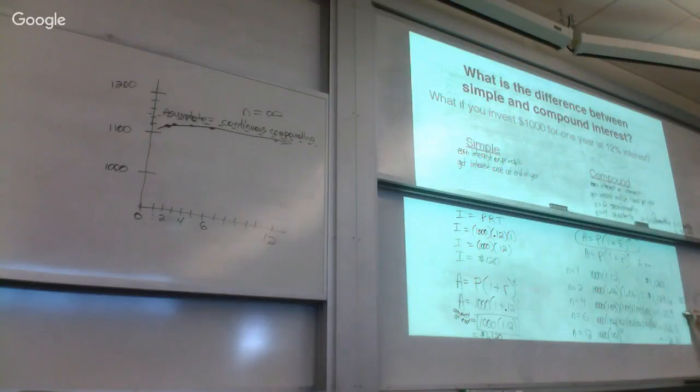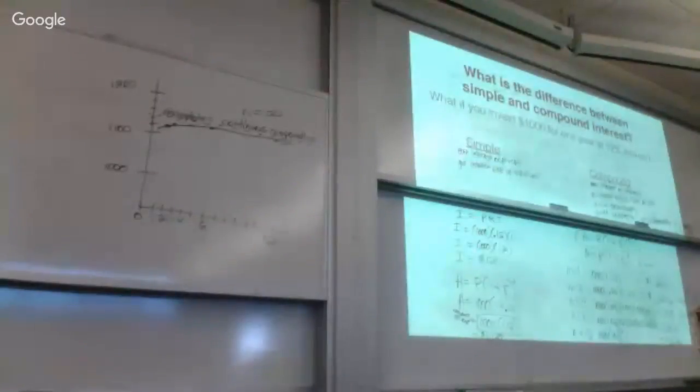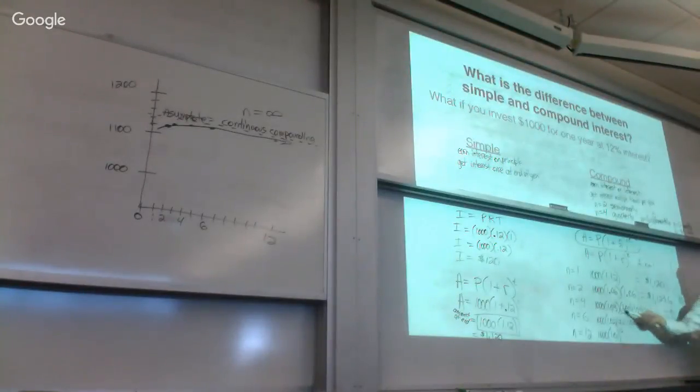Likewise, what if we did n equals 4, times 1 to the power of, again, this is nt, we're just doing it for 1 year. So it's just n. So that's the 4th. So what would that look like? 1,000 times 1.03 to the what? The 4th power. And how many times did we multiply 1.03 by itself?